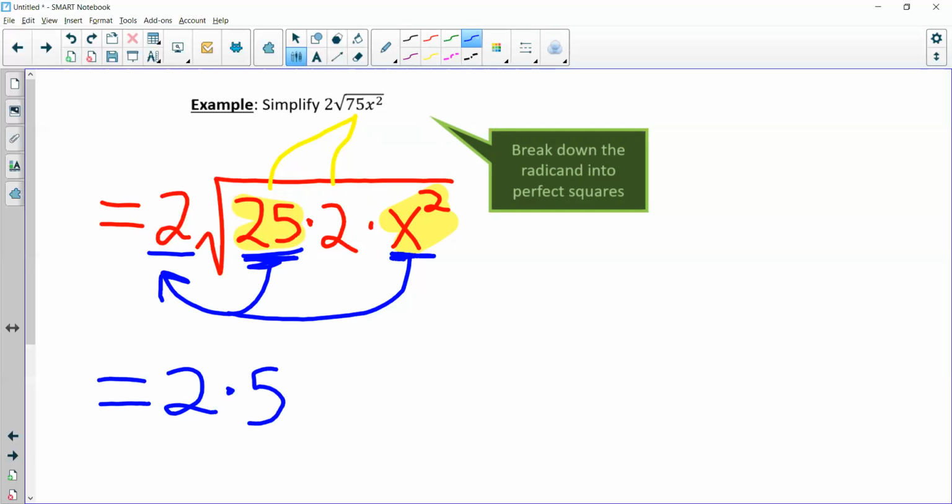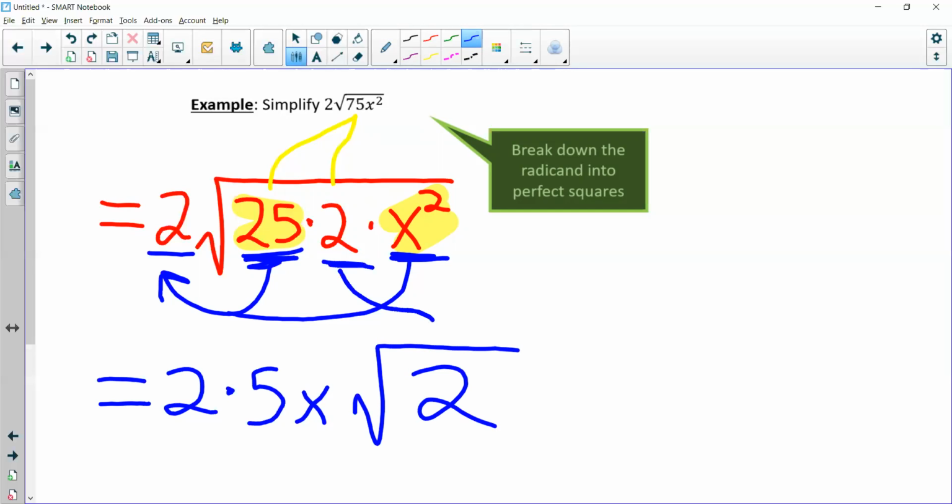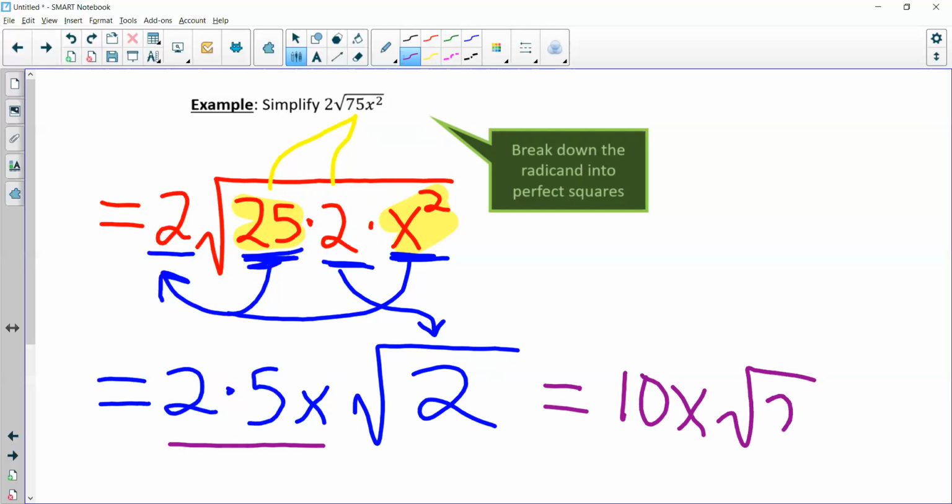The square root of x squared is x times radical 2, because this 2 stays under the radical. Now I will simplify this by multiplying the coefficients together, and I get 10x square root of 2.